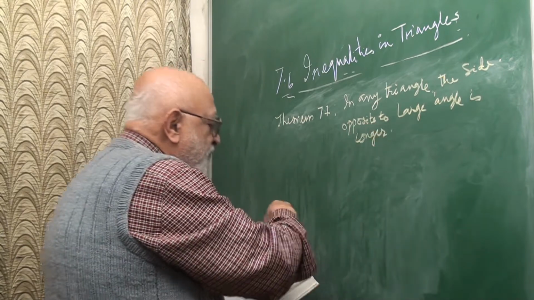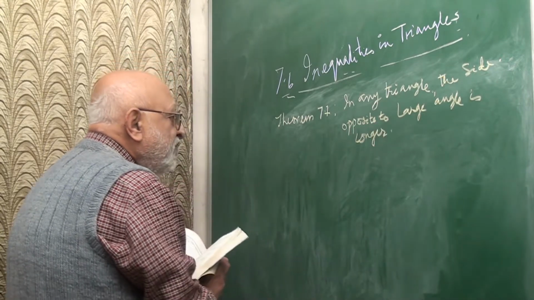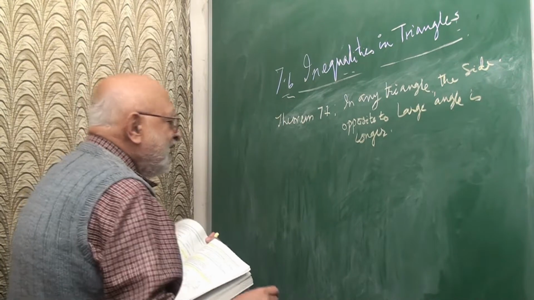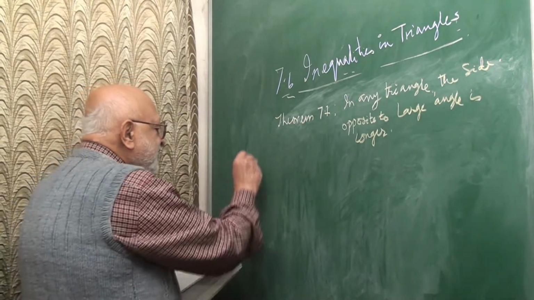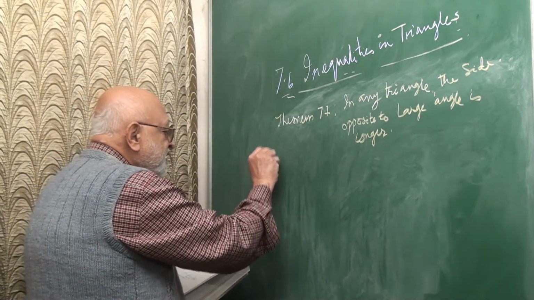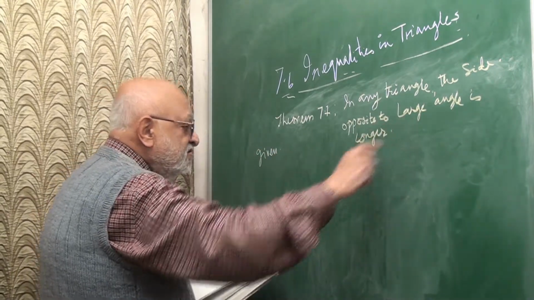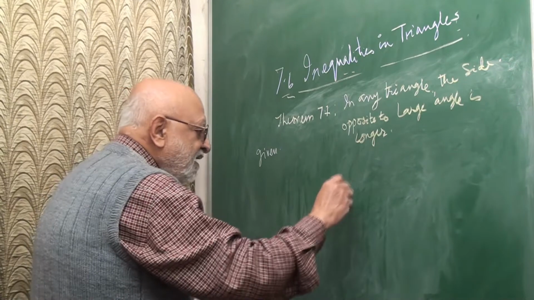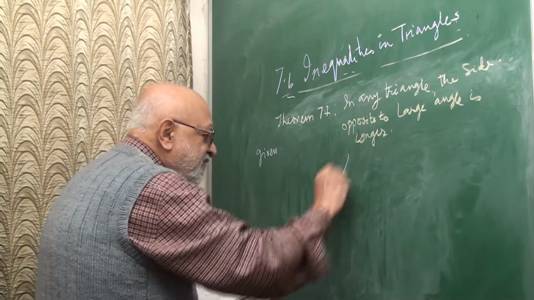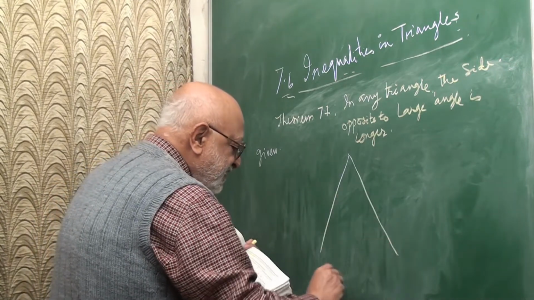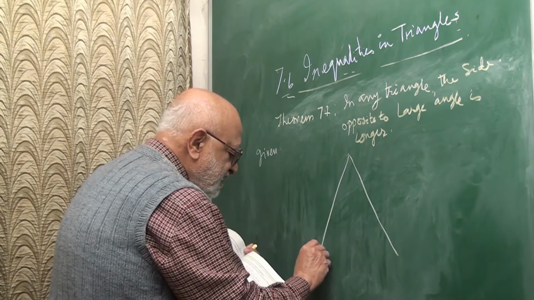So what do we have to prove? We have to prove that, given a larger angle, the side opposite is longer. So let us take a triangle. I have taken a triangle ABC.